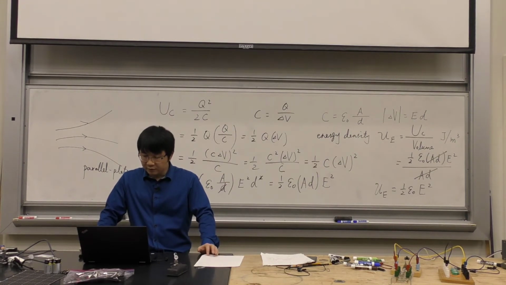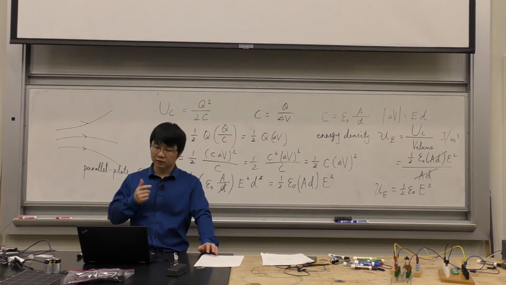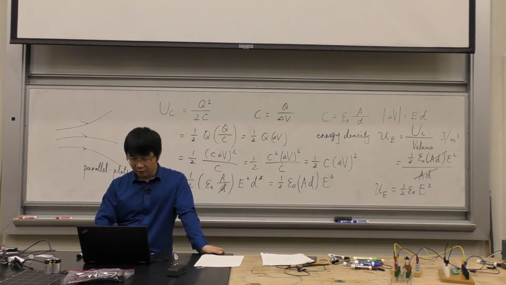Two 3 centimeter diameter aluminum electrodes. This is the same capacitor we saw at the end of PowerPoint 7, so we can use some numbers from that PowerPoint.